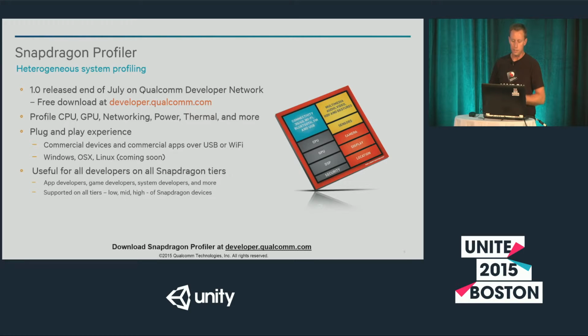And it's something that any developer can use. So we have system developers, app developers, game developers, and other developers using Android devices with Snapdragon chipsets that are using this profiler to understand performance for their applications. And we do support all the different tiers of Snapdragon devices that I had mentioned before.